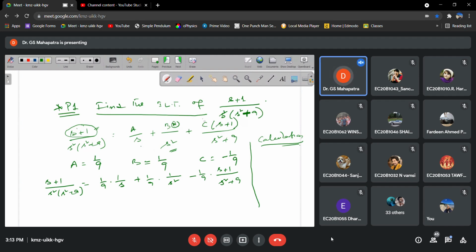So that is actually 1 plus will come. That's why if you multiply with this one and then take again the fractional form, easily you can find the standard formula s by s square plus 9 and 1 by s square plus 9. That means s into something and 1 into something.